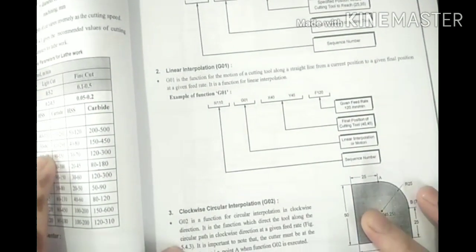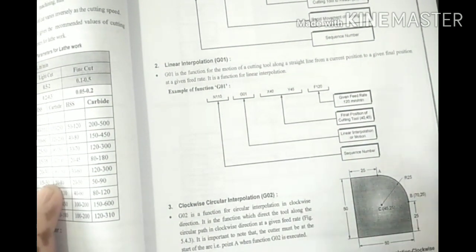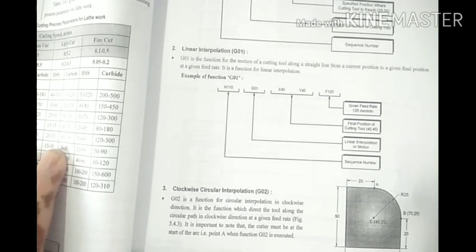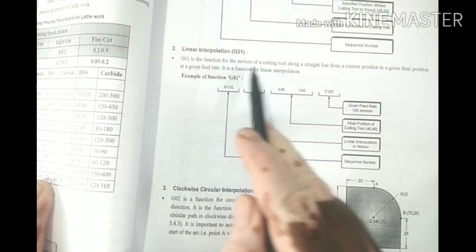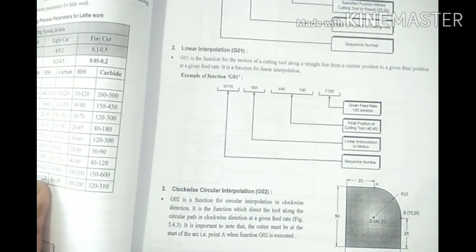Then linear interpolation. Linear interpolation G01 is for the motion of cutting tool along a straight line from a current position to a given final position at a given feed rate.